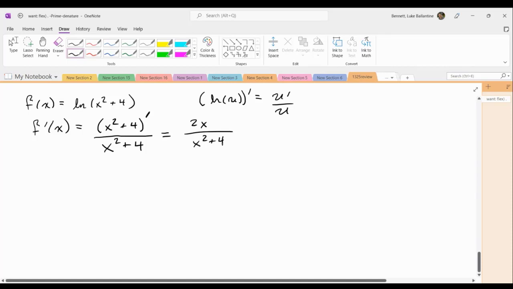Okay. x squared plus 4 is greater than 0 for every real number x. So we don't have to worry about dividing by 0, and we also don't have to worry about some domain issue on the natural log.